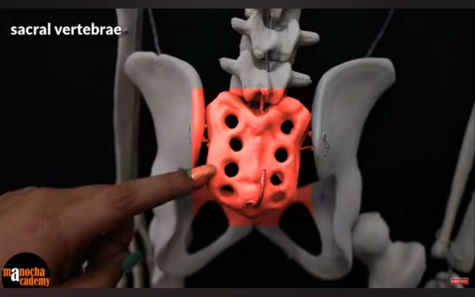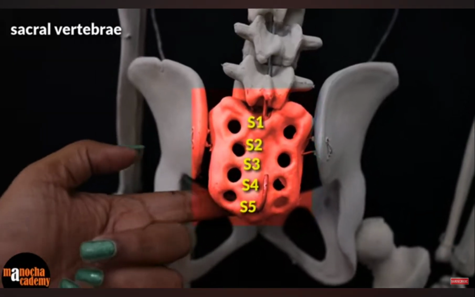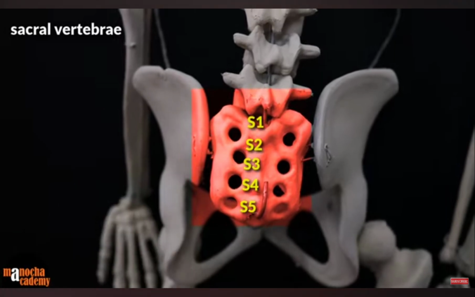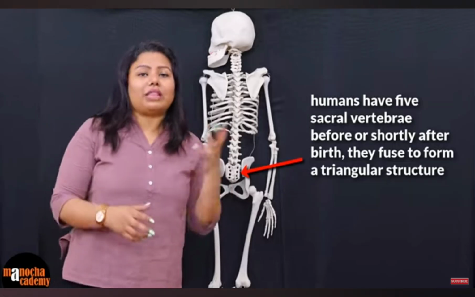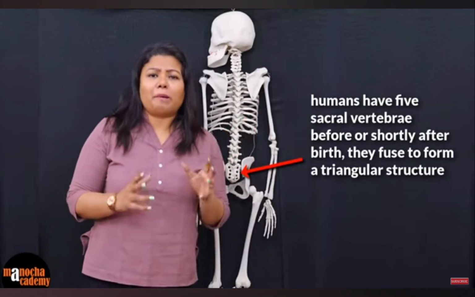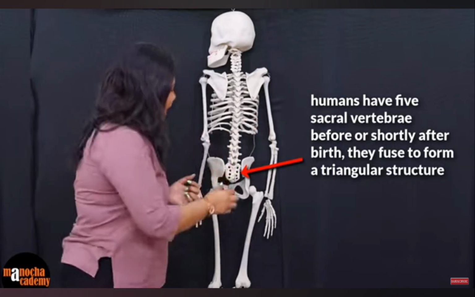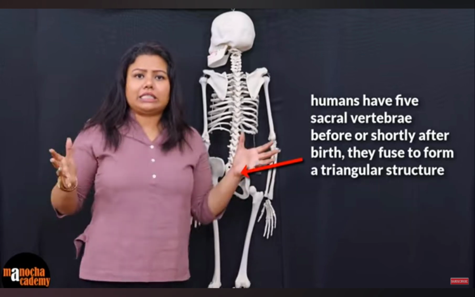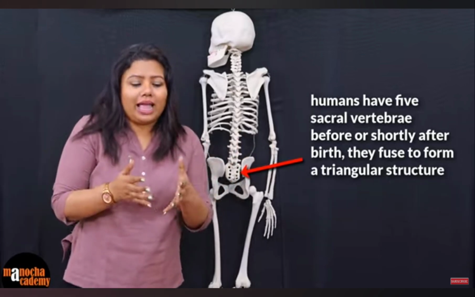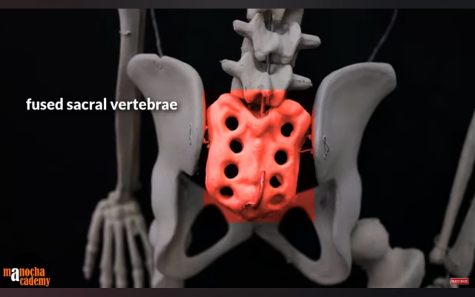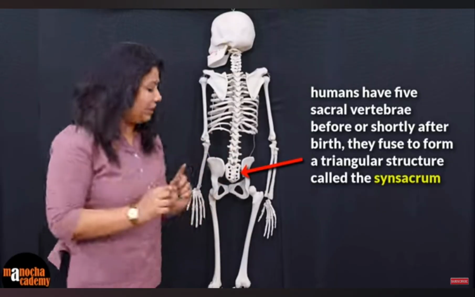Finally, we have the sacral vertebrae. Now, usually we have 5 sacral vertebrae when the vertebral column is being formed. But before birth or after birth, these 5 sacral vertebrae start becoming joined and finally they form this triangular structure made up of 5 vertebrae joined together.